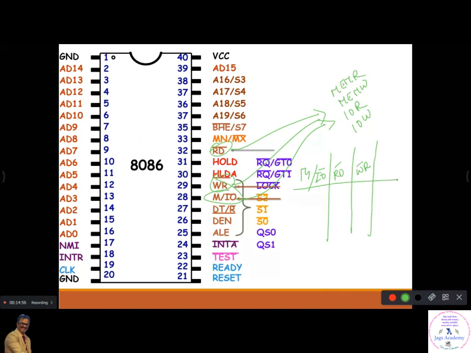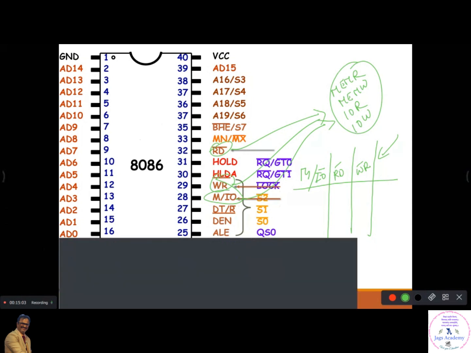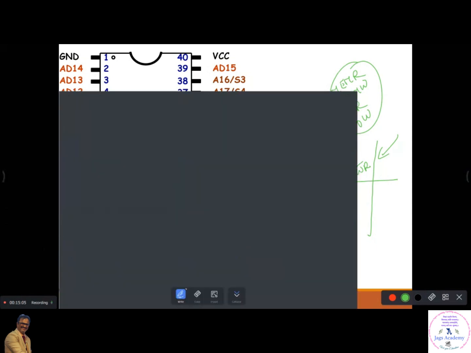Now you have to make 4 outputs out of this. How to do that? It's very simple. I'm just doing it for you. See here: memory/IO bar, read bar and write bar.